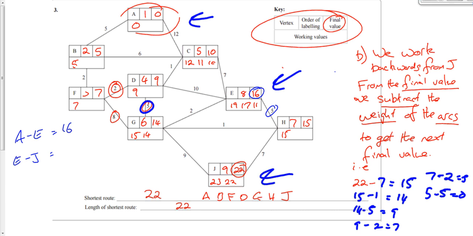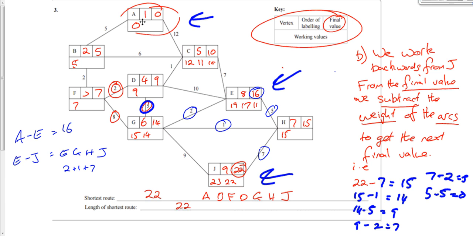You don't go 5 and 7. There's a quick way to get from E to H. That's to go 2, 1, and then 7. So the quickest way to get from E to J is E to G to H to J. And that's going to be 2, 1, and 7. 2 plus 1 plus 7.